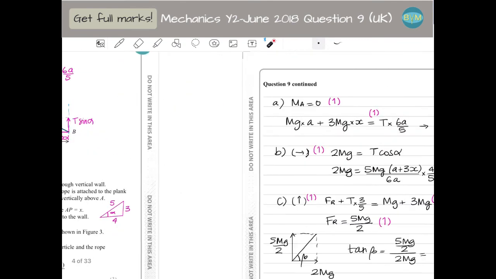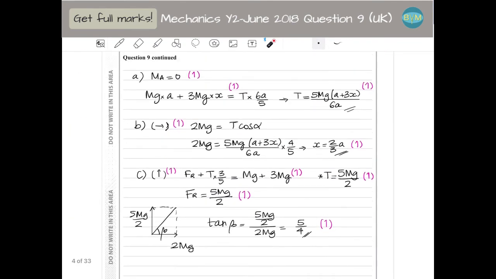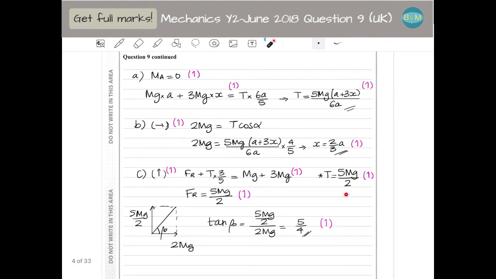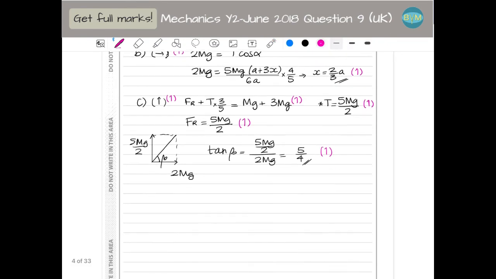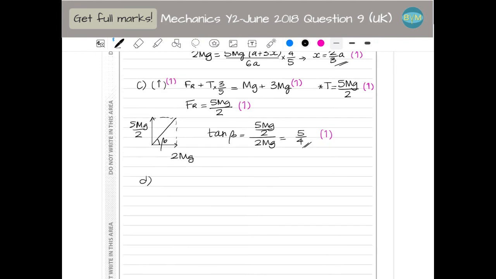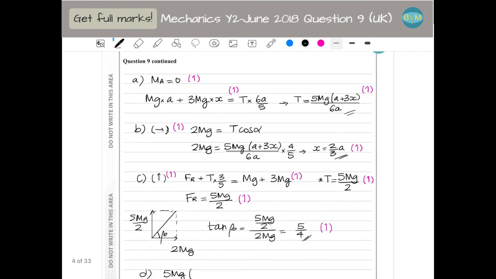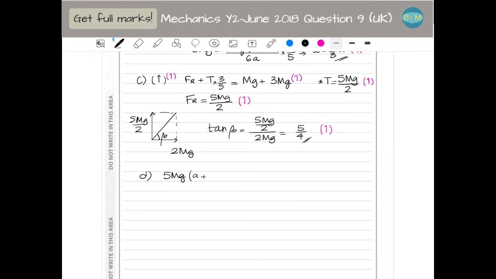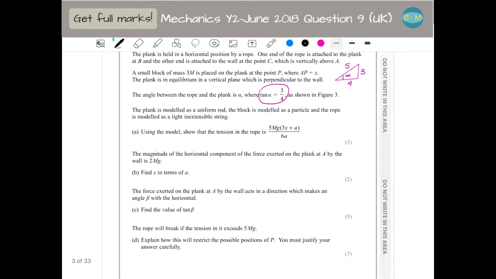The tension, in terms of x again, so I'm not going to use this tension here, and I'm going to use in terms of x, needs to be smaller than, so the tension was 5 mg times (a plus 3x), divided by 6a, that must be smaller, well, actually smaller, because when it's equal, it will break, 5 mg.